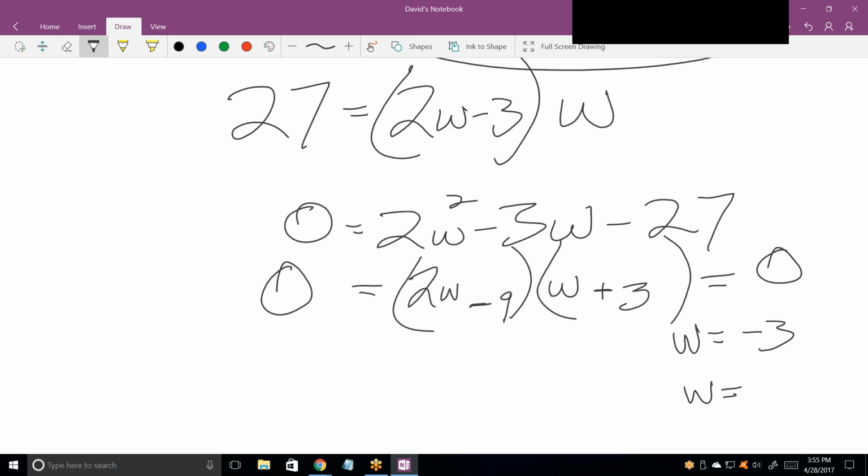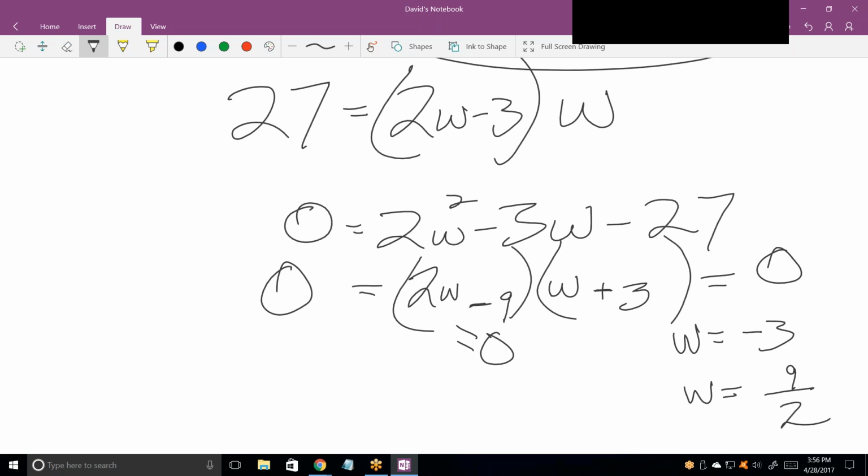W is equal to... Set that equal to 0. That's always how you do it. So 9/2. Yep.